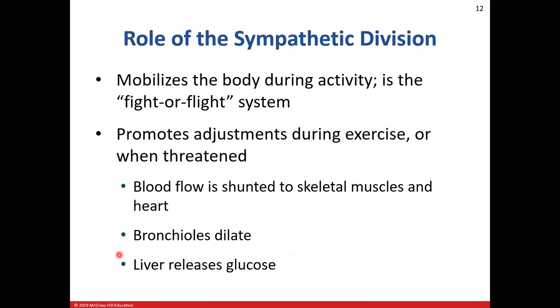Now, if we look at the role of the sympathetic division, you're going to see that a lot of these responses are going to be the opposite of the parasympathetic division. This is the system that we typically refer to as the fight or flight system. It's going to mobilize the body during activity, and it promotes adjustments during exercise or when the body is threatened. So think about when you're in a tough situation.